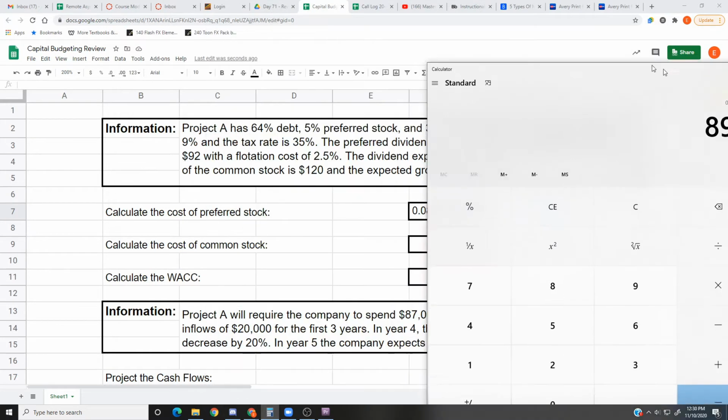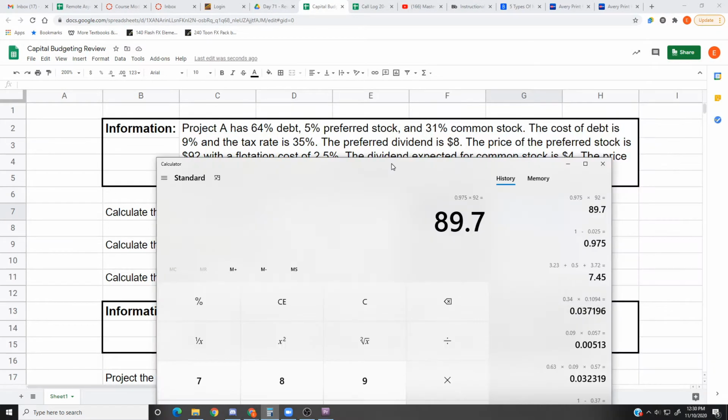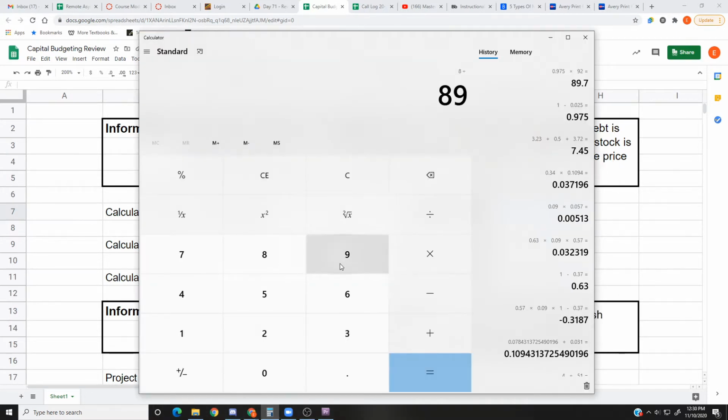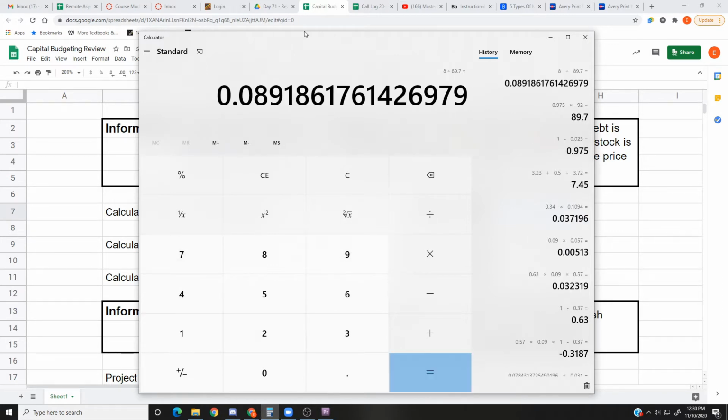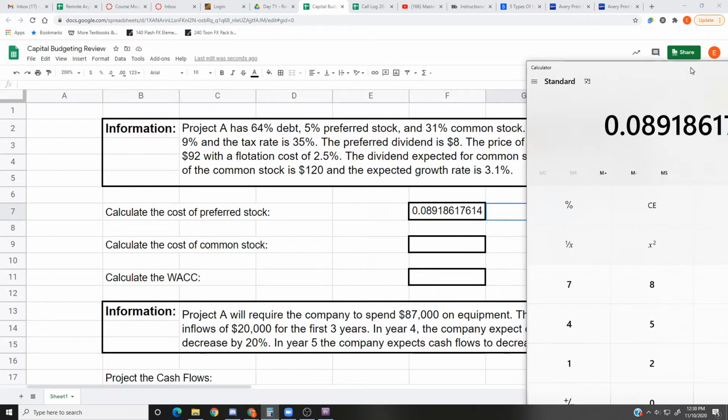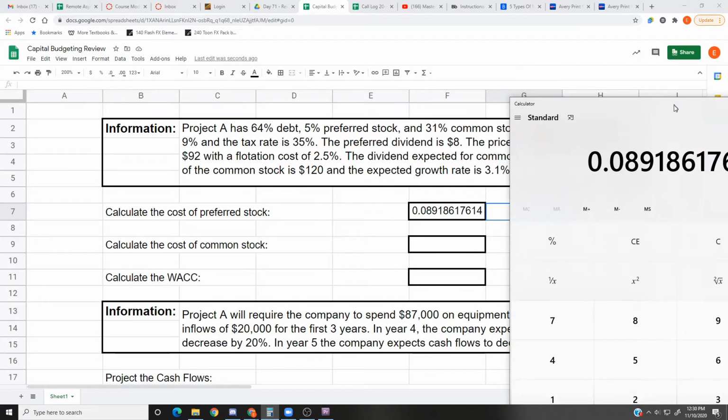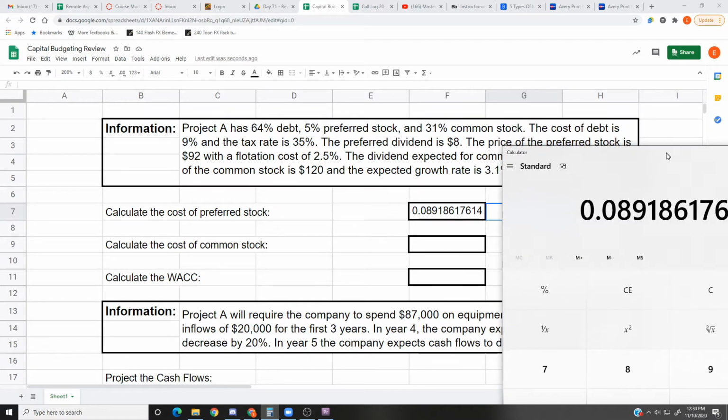And then we took the preferred dividend, which is 8, divided by the 89.7. And that gave me the same answer. So 0.89186. So you can see these two numbers here are the same.